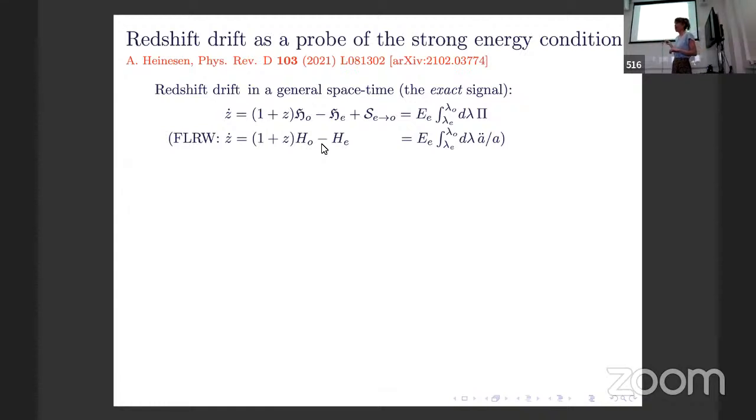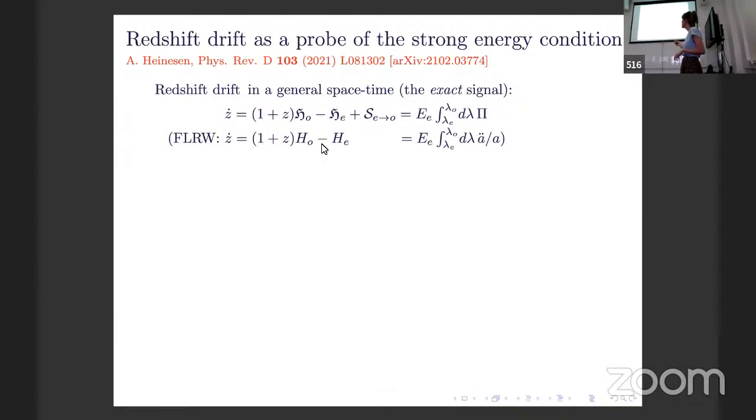The reason that we could think of doing this is because in the FLW limits the redshift drift signal can be written as the integral of the second time derivative of the FLW scale factor, such that positive detections of redshift drift are a direct signature of the acceleration of length scales within the FLW universe, and the only way that we can get acceleration of length scales in the FLW universe is through violation of the strong energy condition.